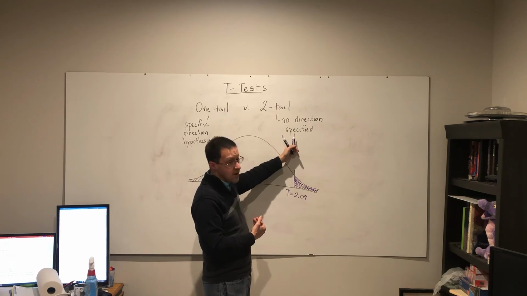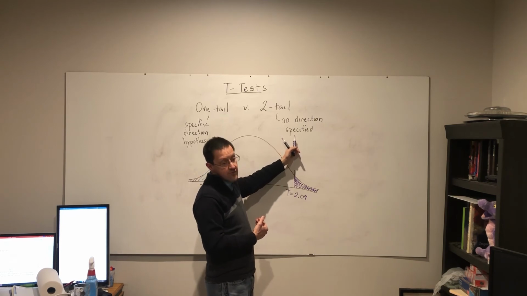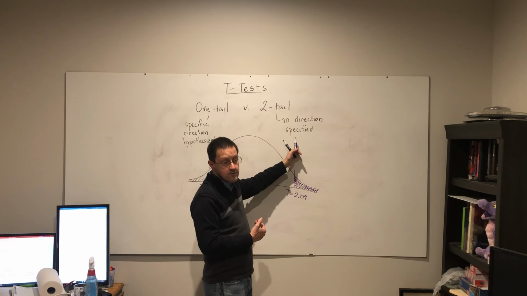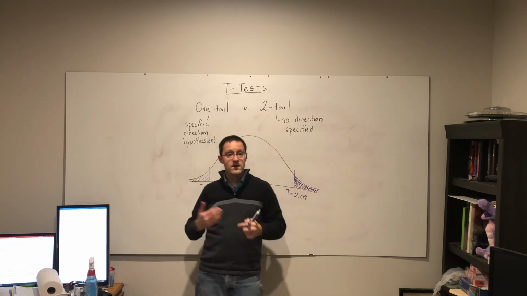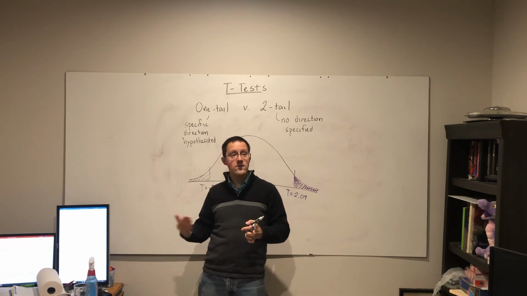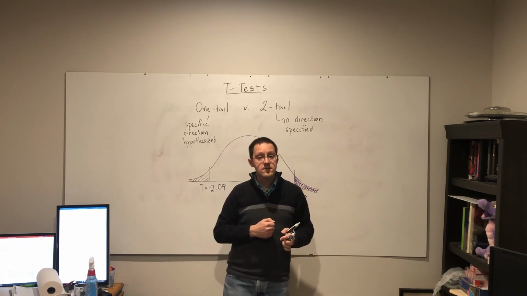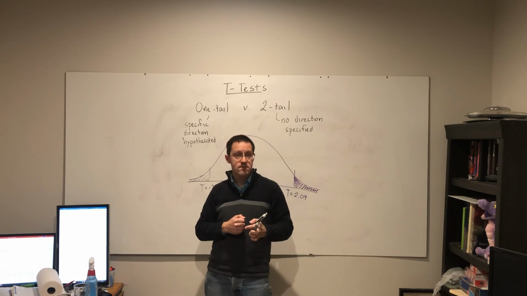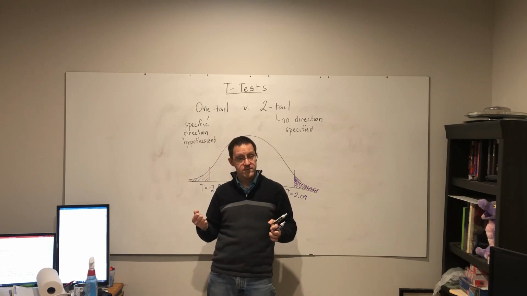The p-value for the two-tailed is going to be double the p-value for the one-tailed. And as we will see when I do a demo in class, the software, Excel, actually provides both for us.